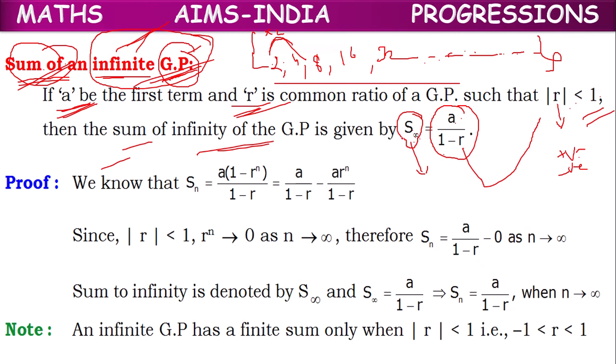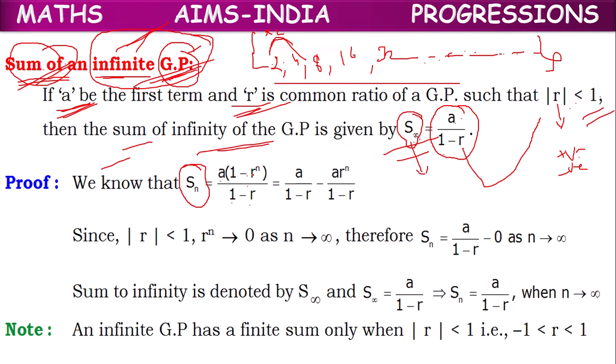Actually, before finding S infinity, we have the normal formula for Sn, the sum of n terms, which is a into 1 minus r power n by 1 minus r.